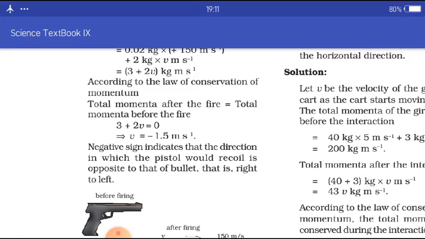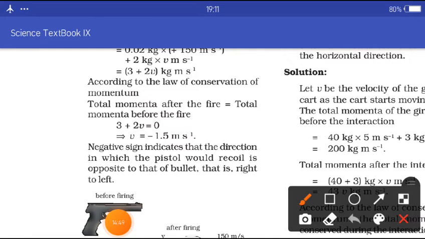So we write 3 plus 2V kg meter per second. According to the law of conservation of momentum, total momenta after the fire is equal to total momenta before the fire. So we write 3 plus 2V is equal to 0. So V is equal to minus 1.5 meter per second.